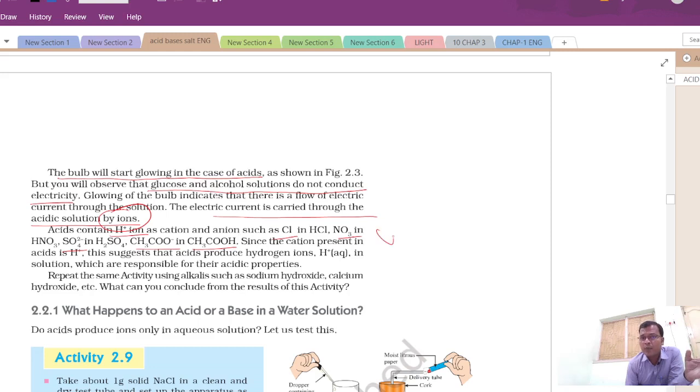You don't have to remember everything, but you just have to know that ions conduct electricity in a solution. So whenever a compound breaks up into ions, it will conduct electricity. The compounds such as glucose and alcohol do not break into ions, so they cannot conduct electricity. Okay.